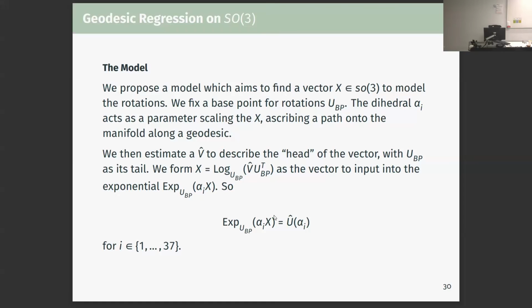But what about the rotations of these ellipses? Well, this is how we get them. We just scale and exponentiate, and we use a base point rotation.